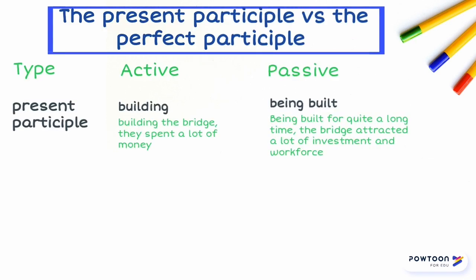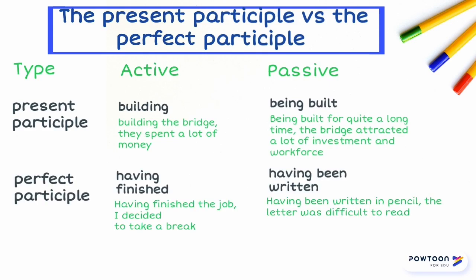The present participle can be active, building the bridge they spent a lot of money, or passive, being built for quite a long time, the bridge attracted a lot of investment and workforce. And the perfect participle can also be active, having finished the job, I decided to take a break, and passive, having been written in pencil, the letter was difficult to read.